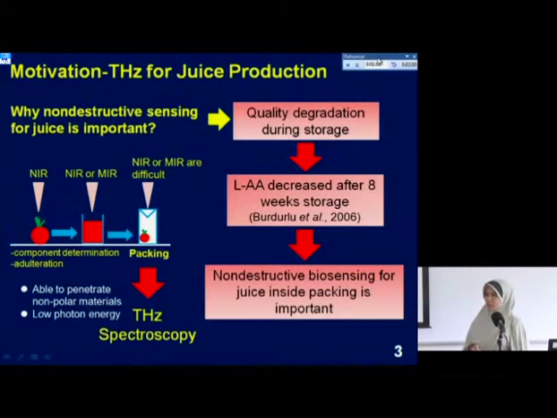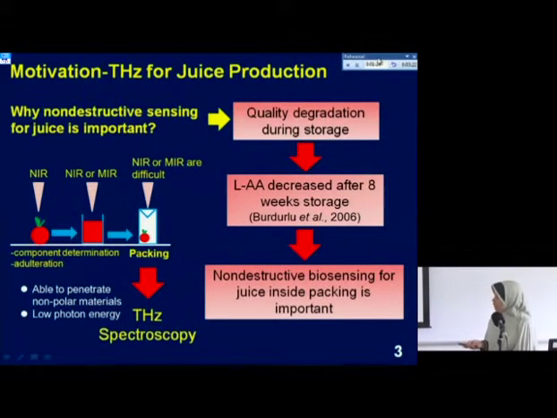So, for this reason, it is very important to develop non-destructive sensing for juice inside packing. However, near-infrared and mid-infrared waves have difficulty penetrating the packing material, so it is not easy to evaluate the quality of juice after packing.